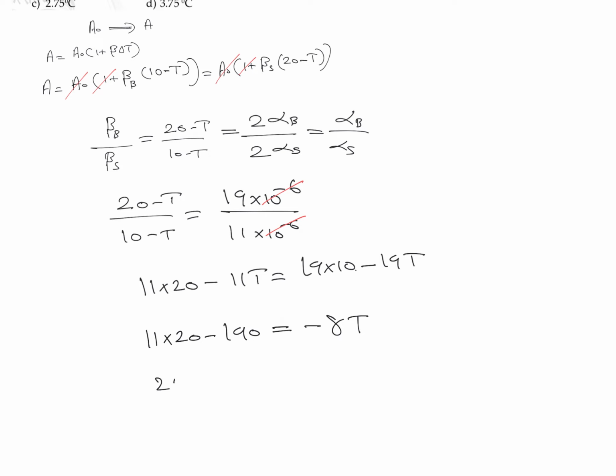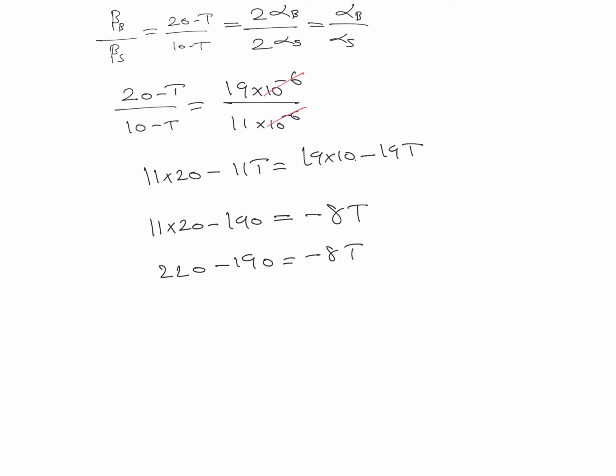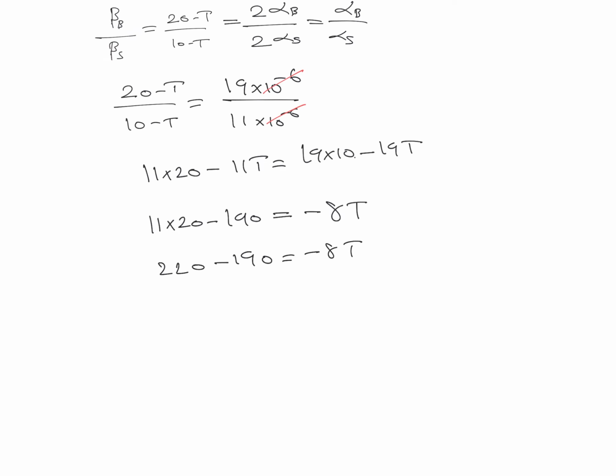So 220 minus 190 equals minus 8T, or 30 equals minus 8T, so 30 divided by minus 8 is equal to T. So we find the value of T, and the answer is around minus 3.75 degrees Celsius.